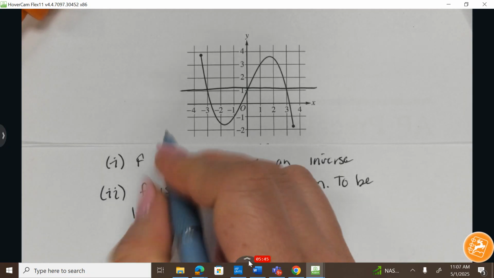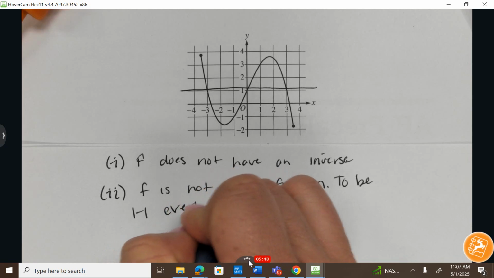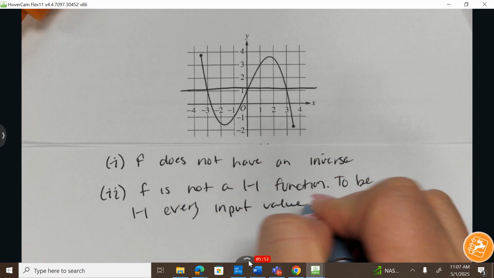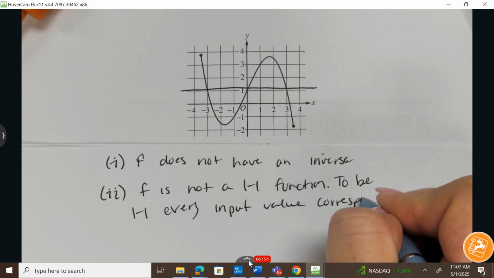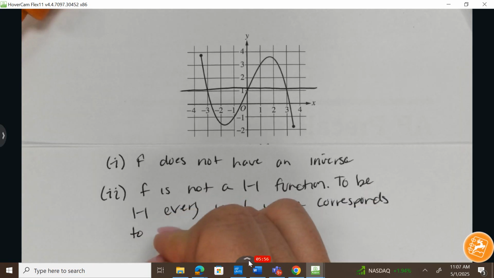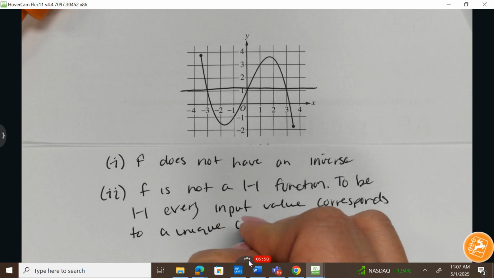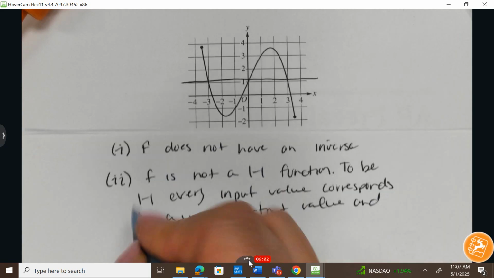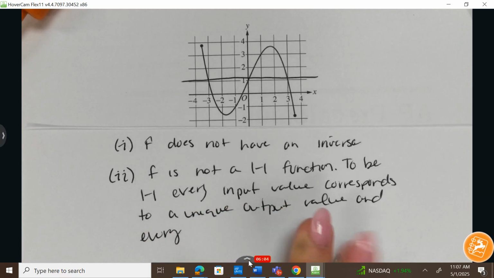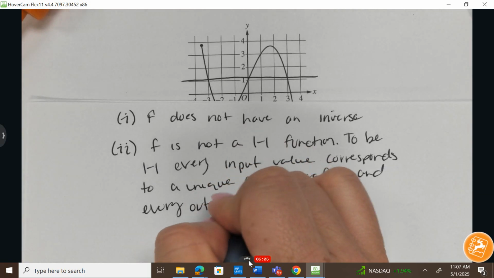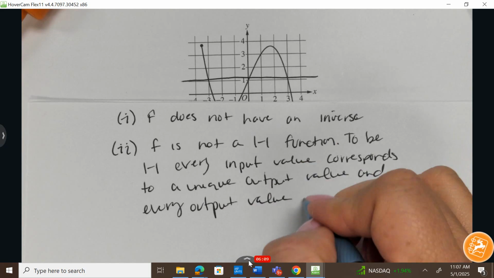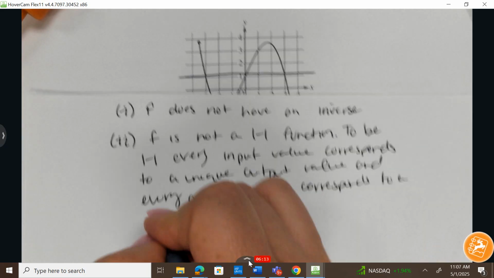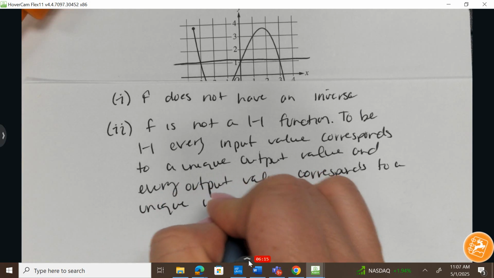To be one-to-one, you could use the word input or x value, every input value corresponds to a unique output value, and every output value corresponds to a unique input value.